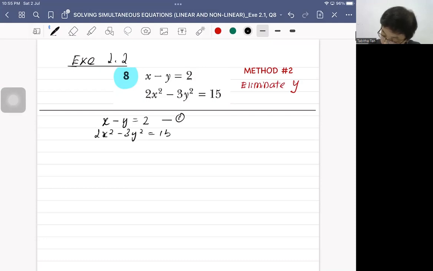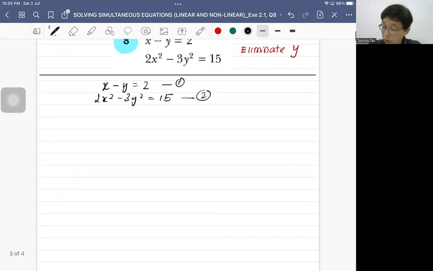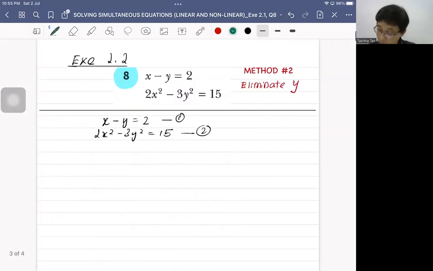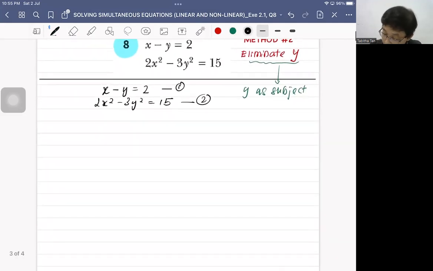Equals 15, equation 2, and then okay, so as what we did just now, if we want to eliminate y, we rearrange so that x is the subject. So in the same logic, now in order to eliminate y, we're going to rearrange so that y is now the subject. Okay, let's go on to show you how we go on.